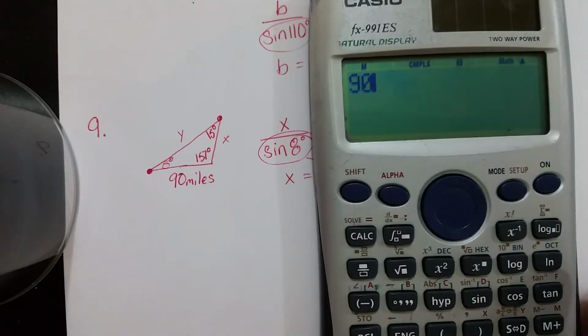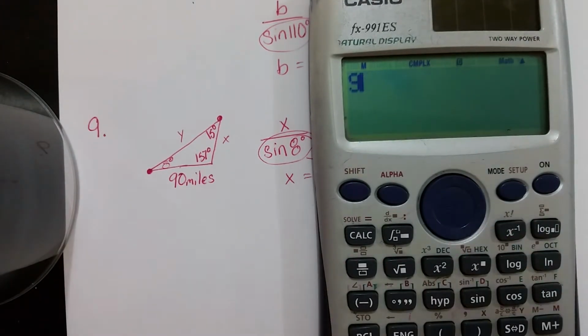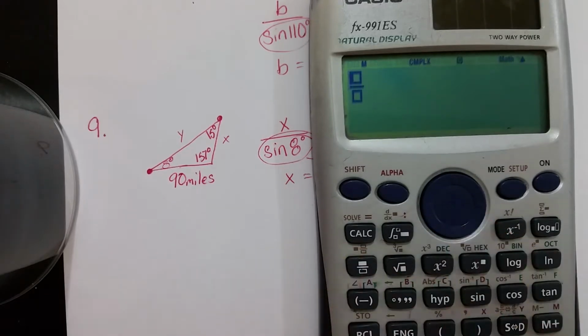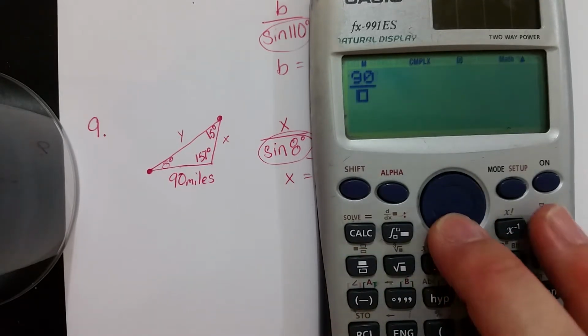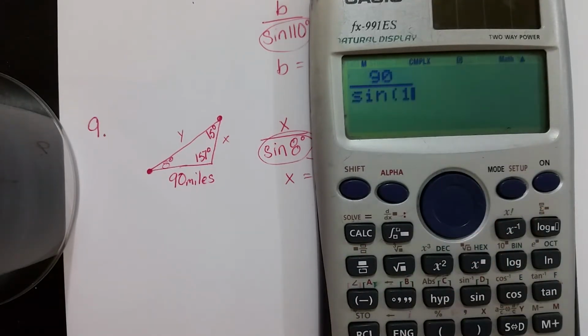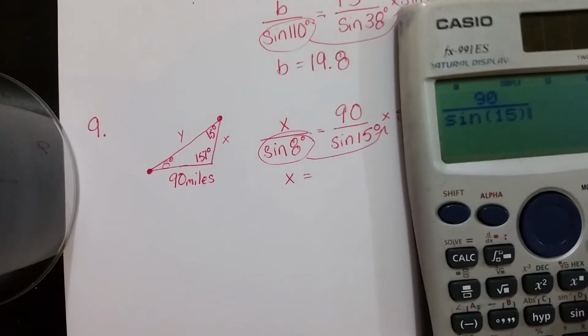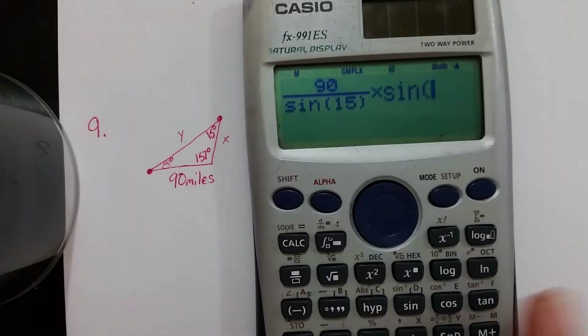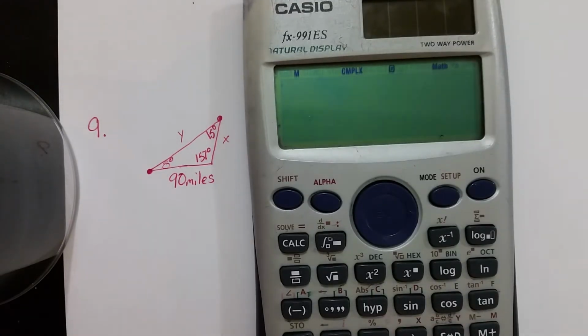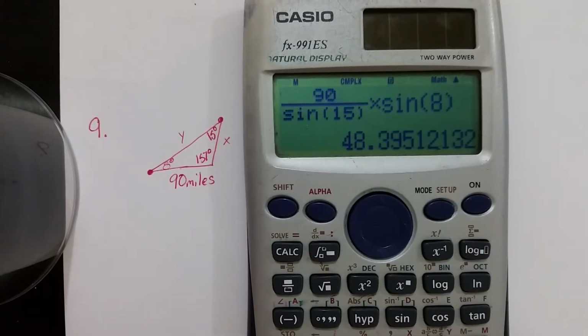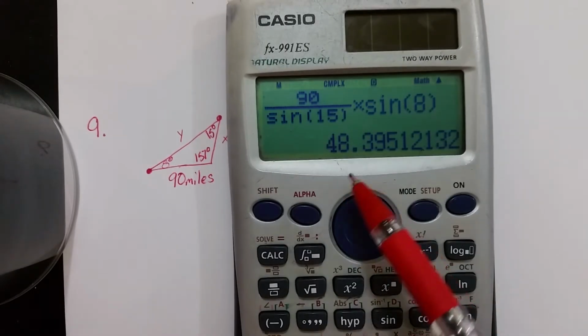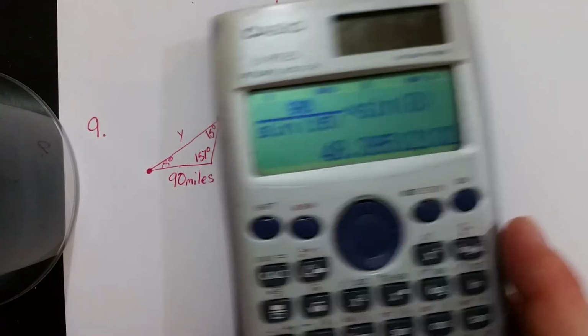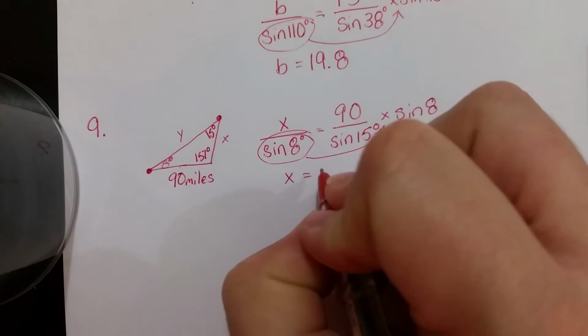Okay, so 90, oh, that needs to be a fraction. 90 over sine 15, make sure you close those brackets, times sine 8. Alright, so 48.4, we'll go ahead and just round to the nearest tenth.